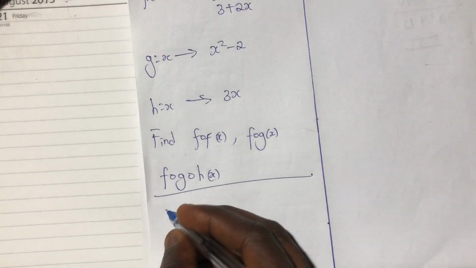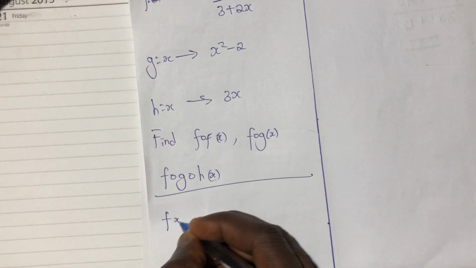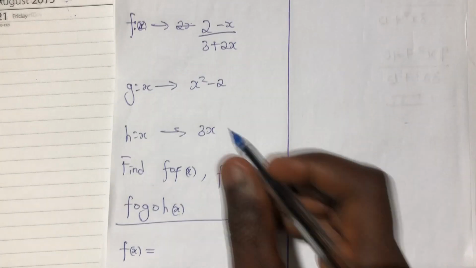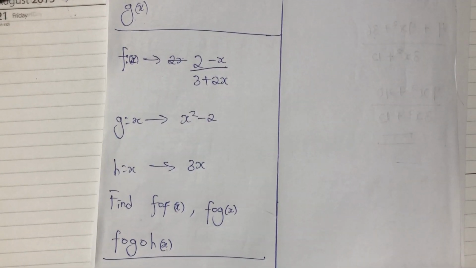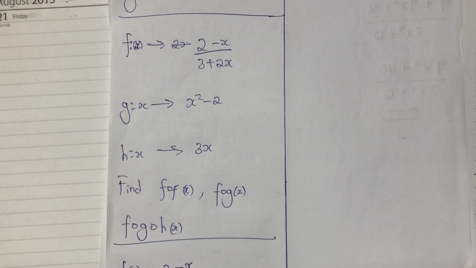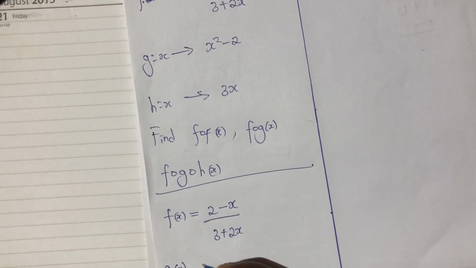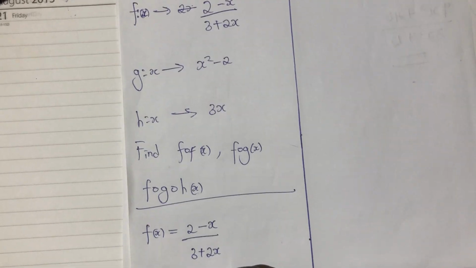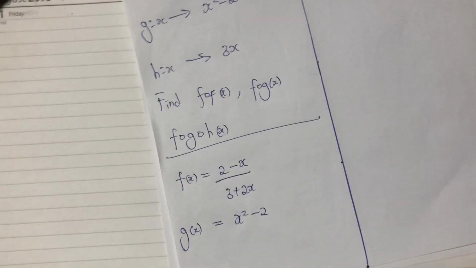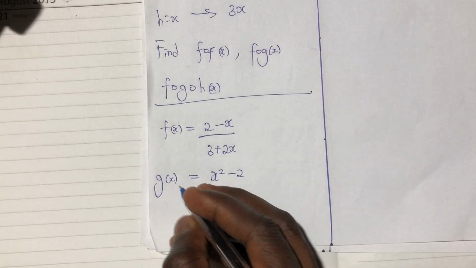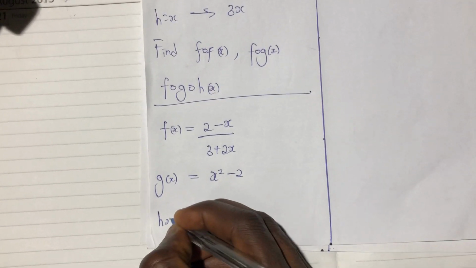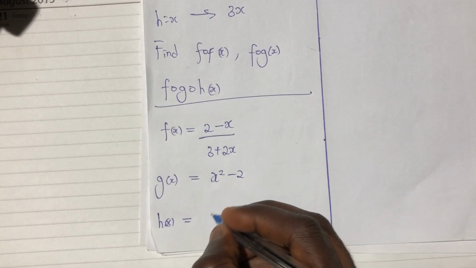So the first one will give me f of x equals the equation given to us, 2 minus x out of 3 plus 2x. And then the second one, we have g of x equals x squared minus 2. And then the third one, we have h of x equals 3x.